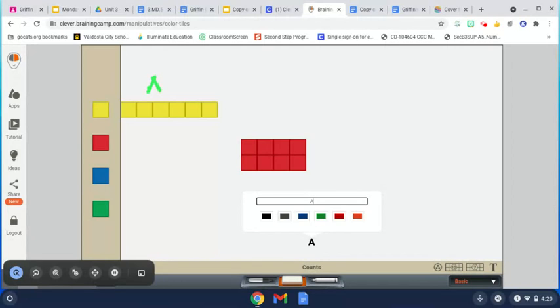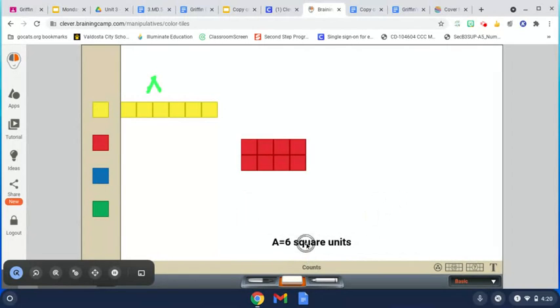Area equals 6 square units. Both of these have an area of 6 square units right there.